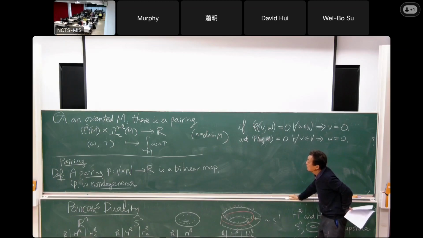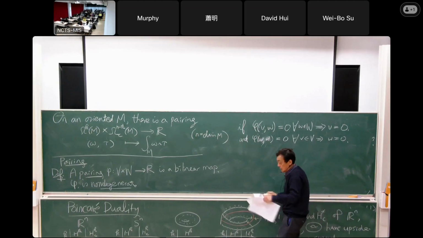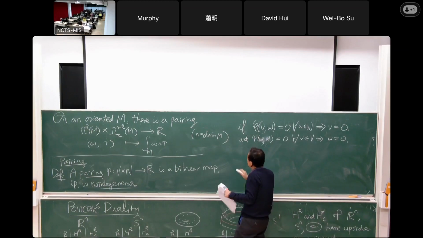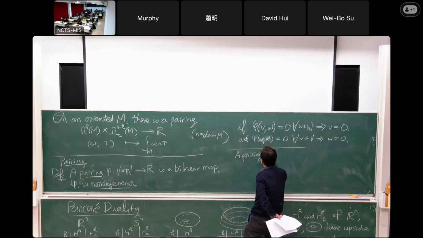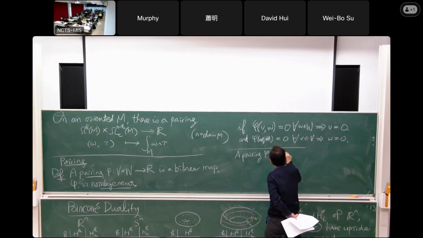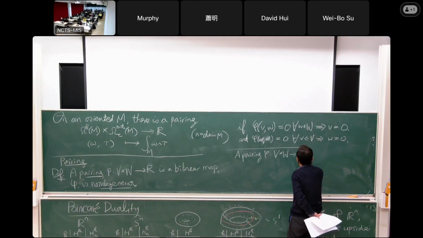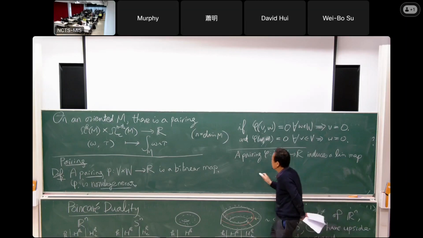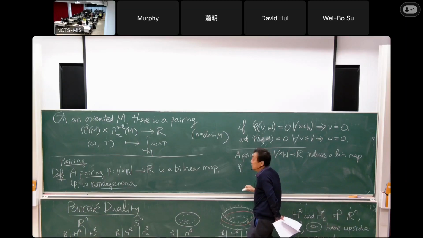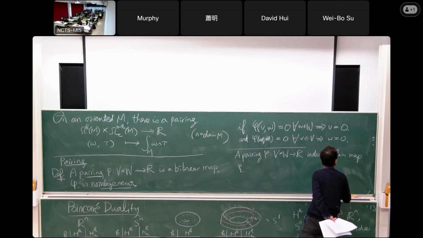Now, there's another way to talk about non-degeneracy. A pairing phi induces a linear map, let's say phi L, so a left map.